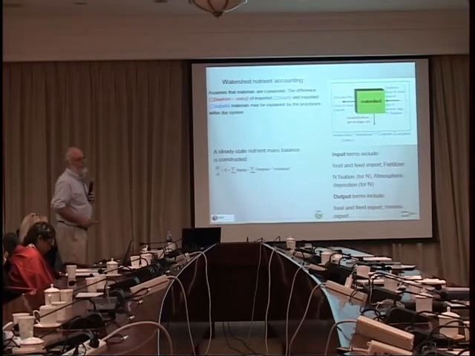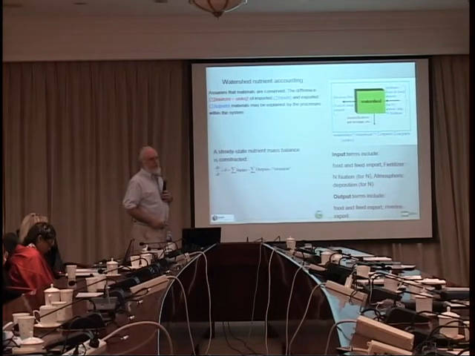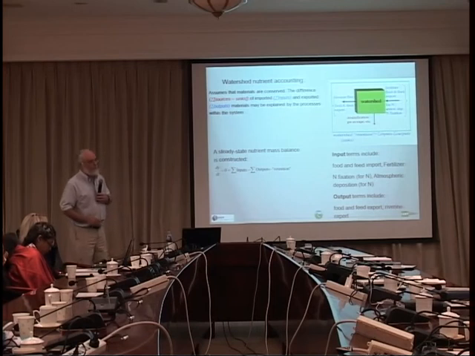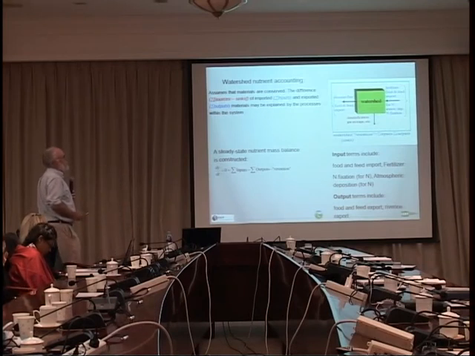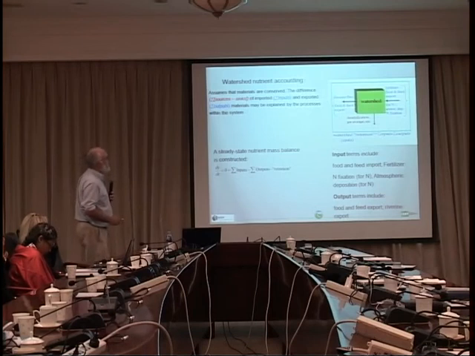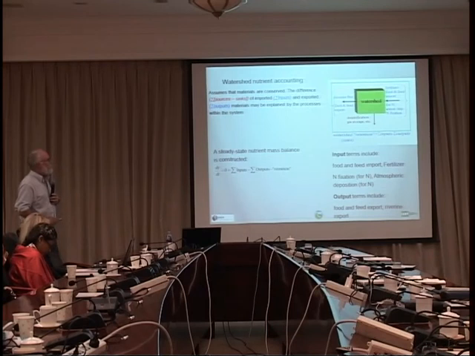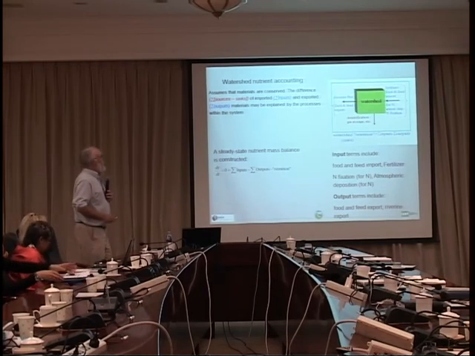Nitrogen fixation due to crops like soybeans and alfalfa and things like that, which fix gaseous nitrogen and turn it into forms of reactive nitrogen that plants can use. On the output side, you have riverine nitrogen fluxes and also any food and feed export that's leaving the watershed, being produced in the watershed but leaving.